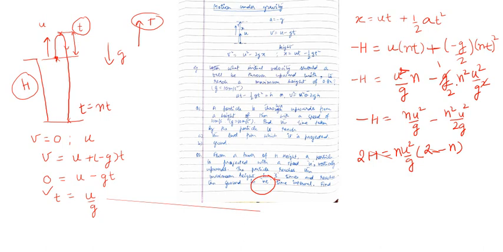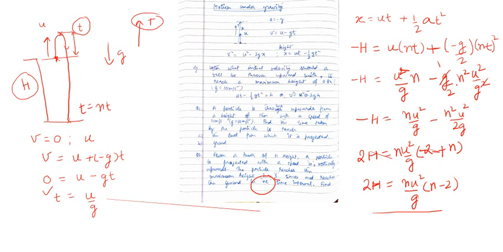And since we have taken the negative sign also, there would be a negative sign too. So this would be n minus 2. So this would come out to be 2h equal to n u square by g into n minus 2. So this is the relation which we wanted to find.